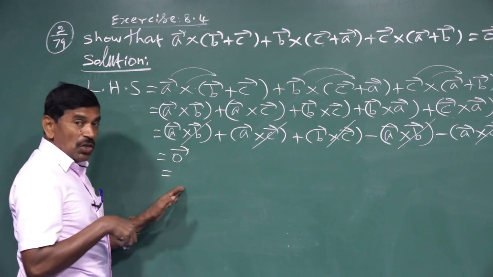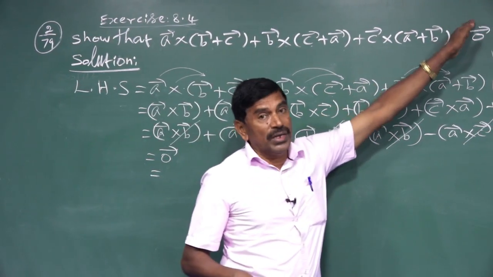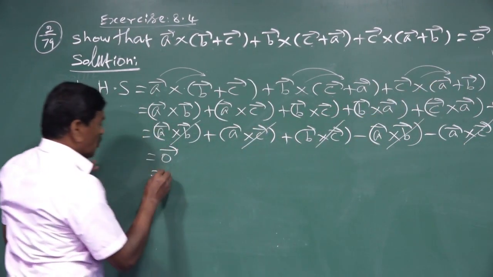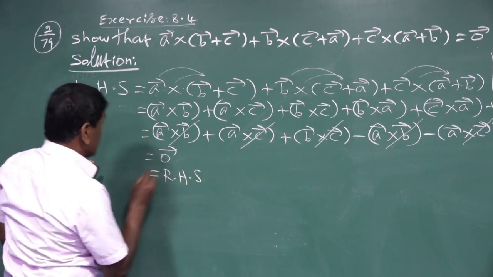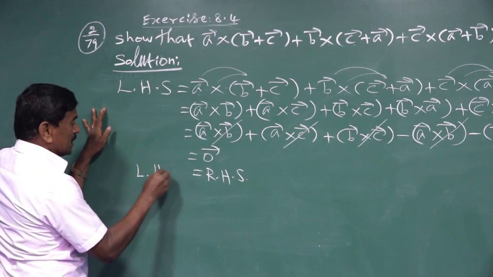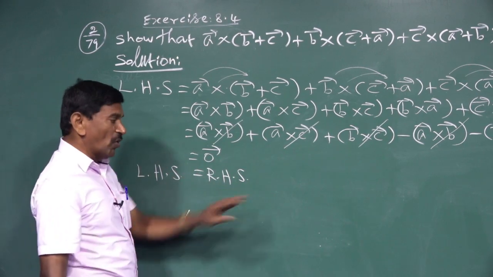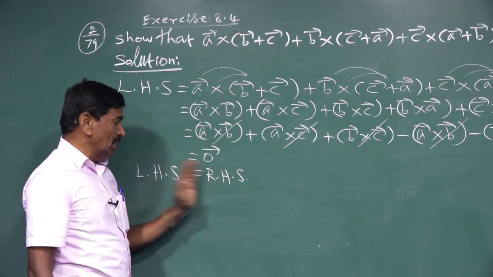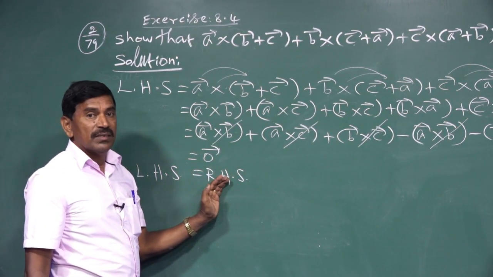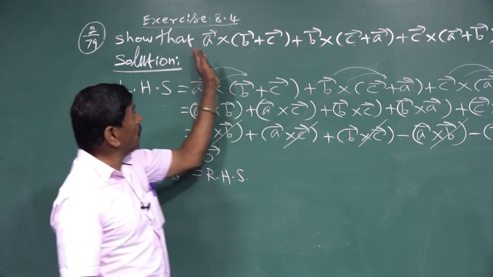What is 0 vector? 0 vector is equal to RHS. Initially we took LHS, finally we proved it equal to RHS. Therefore LHS equals RHS. Question with answer. Now I want to write the question with answer.